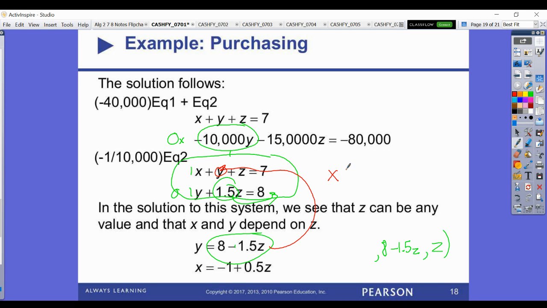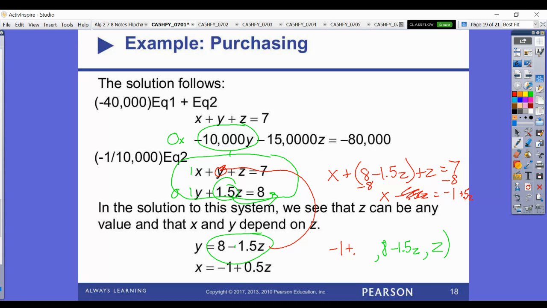So I have x plus 8 minus 1.5z plus z equals 7. Let's go ahead and subtract 8 from both sides here. x minus 0.5z equals -1. Then we'll add 0.5z to the other side. So x is -1 plus 0.5z.